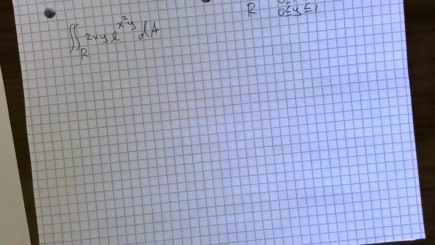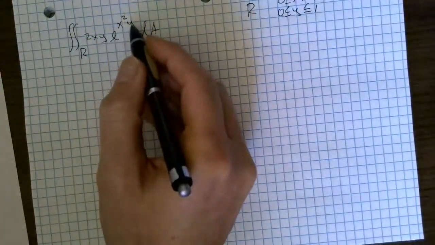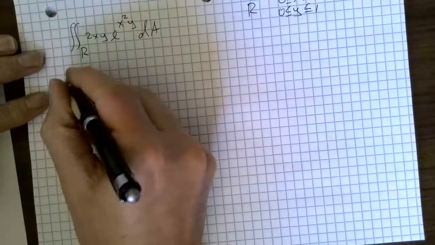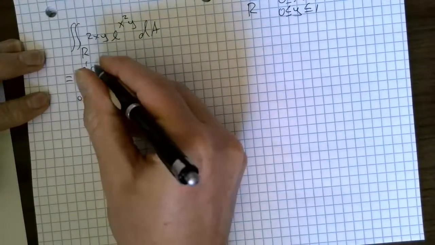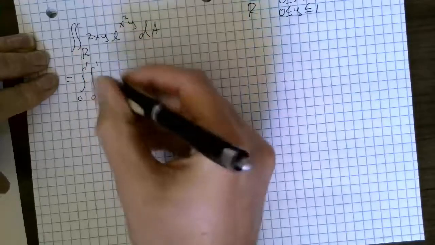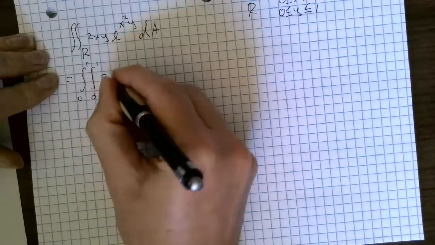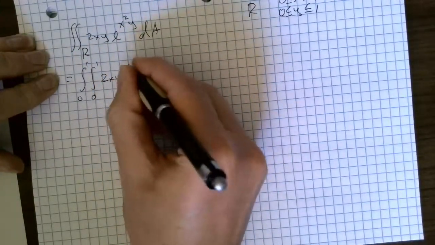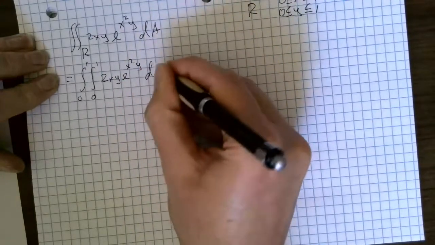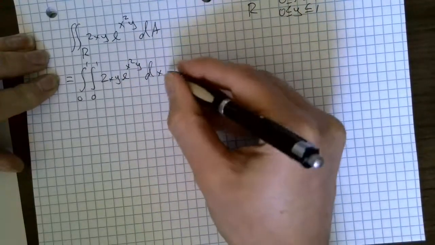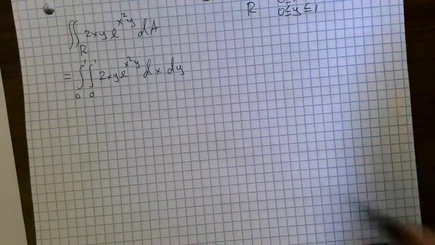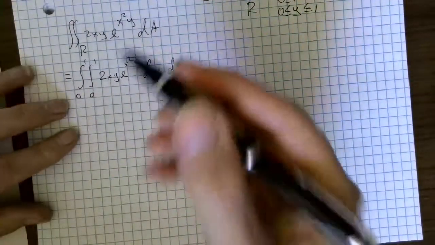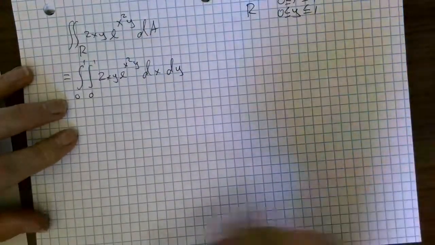because it sort of has this thing as the derivative of this with respect to x, right? So this might be good to actually do x first. So I have 2xy e to the x squared y dx dy. And now we're basically doing a u substitution.